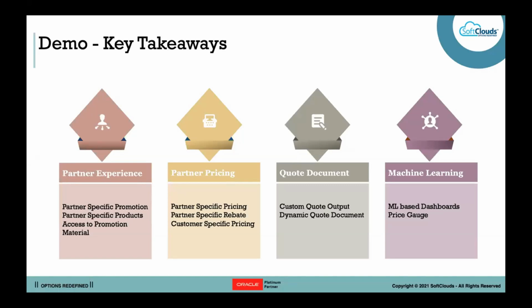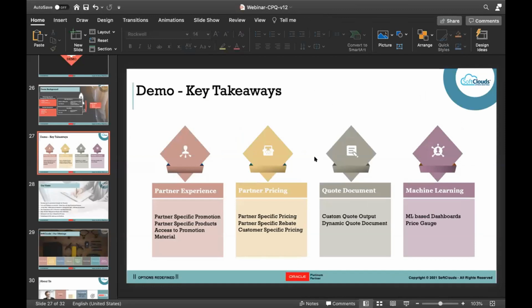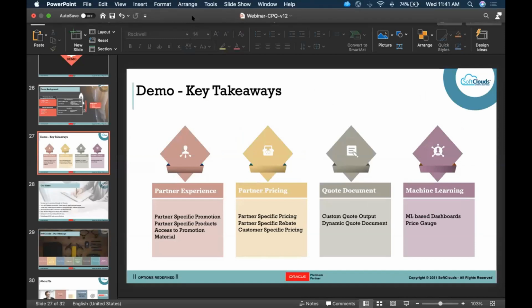So the partner can generate a quote document using the community portal and send it to the customer. And we also saw how deal management and machine learning is used, and using machine learning, how we are able to provide the optimal price and discount, and all the tools that are required to ensure that the deal can be closed. So those are the key takeaways from this particular demo. So Brian, back to you.